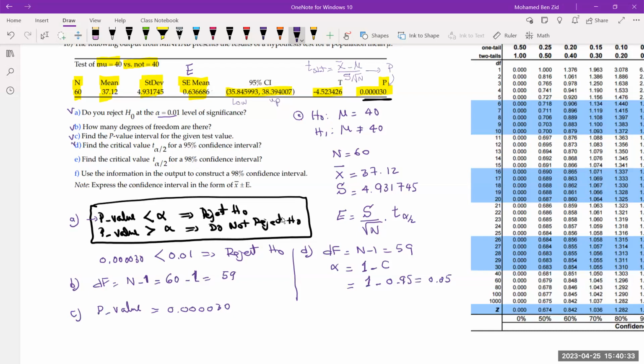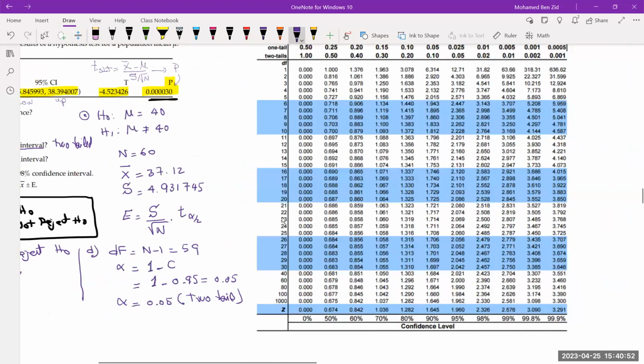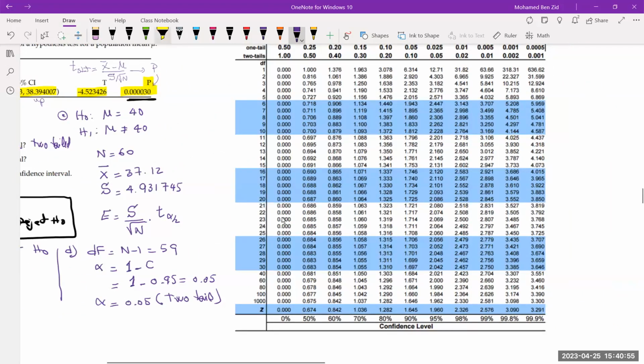Now, every time you are doing a confidence interval, this is two-tail. You need to specify the alpha equals 0.05, and you need to specify it's two-tail. Why do we need the two-tail? Because whenever you use the table here, with degrees of freedom 59, you're going to go to 60, which is the closest.